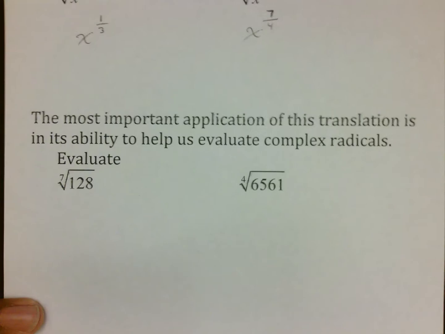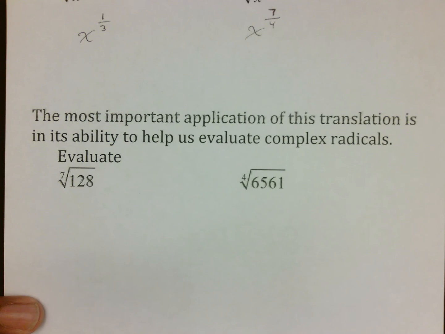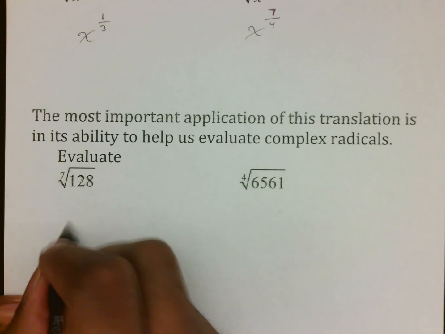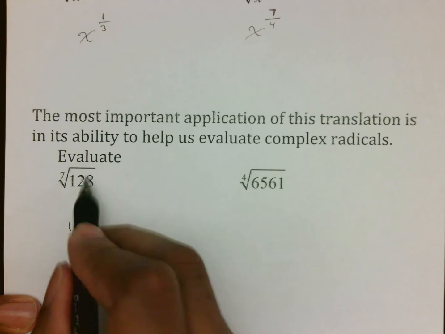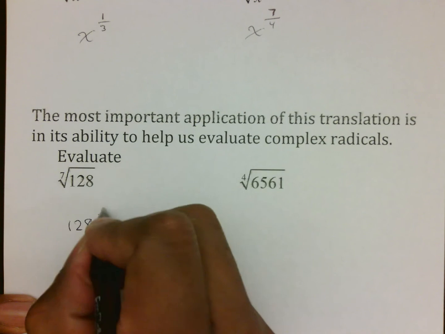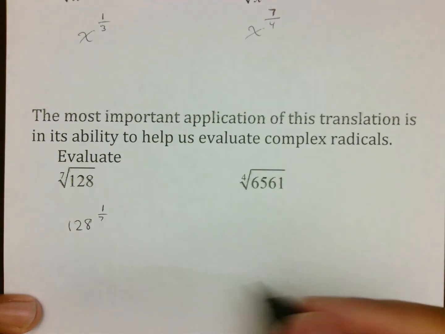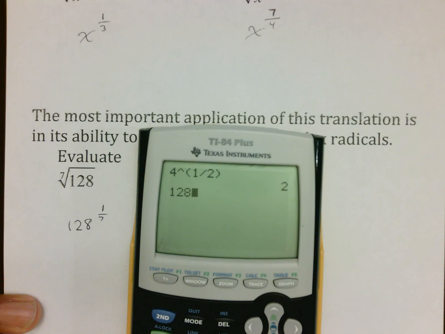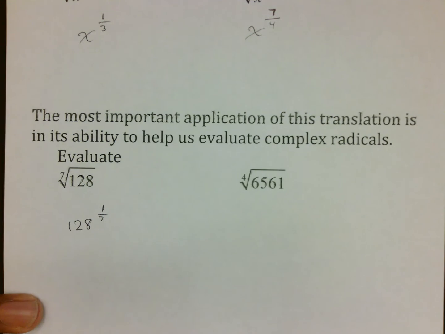If I was asked to find the 7th root of 128 and I don't have special programming skills, what I can do instead is turn this into a rational exponent and bring down my 128. The 7 ends up on the bottom with a 1 on top, because there is no power. Because of this form, I can type in 128 caret 1/7 to find out that it simplifies to be just 2.